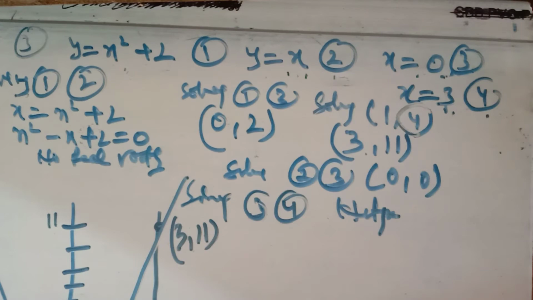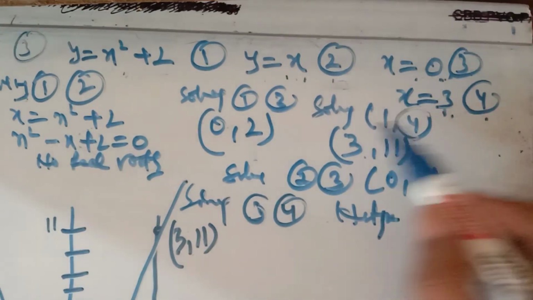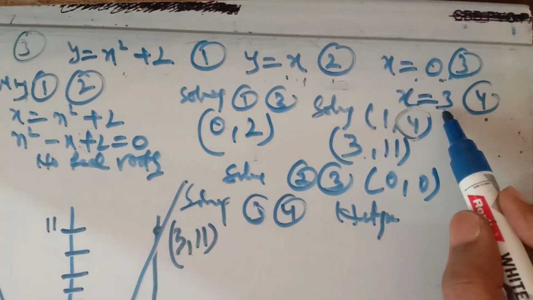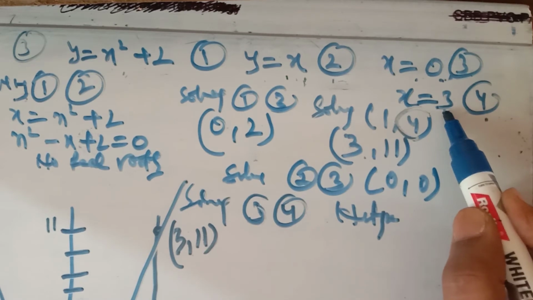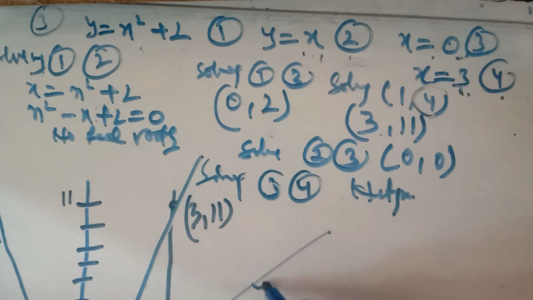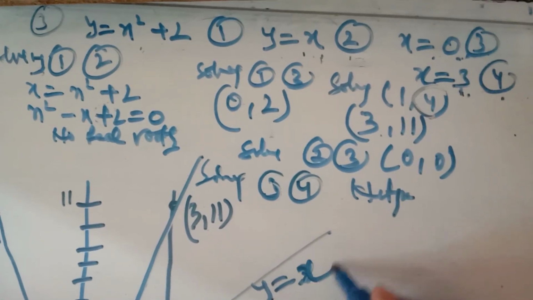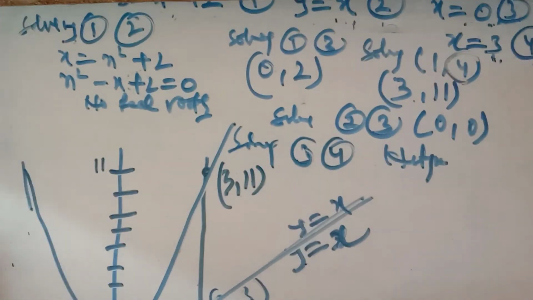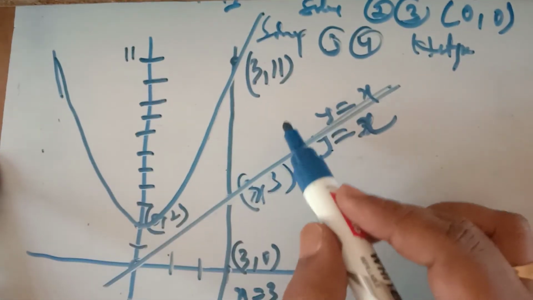Y is equal to x, the line passing through the origin, intersects x equal to 3 at (3, 3). So the line y = x passes through this, like this, through the point (3, 3).